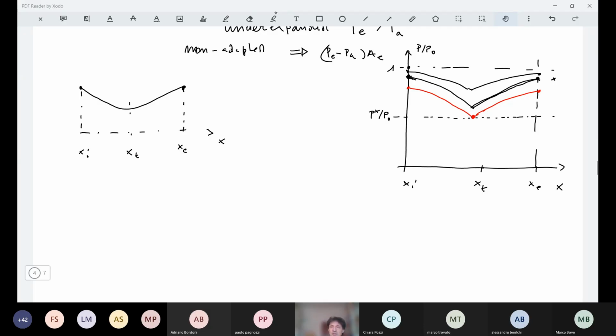So you see that we reach these conditions even if the ambient pressure here is higher than the critical one.